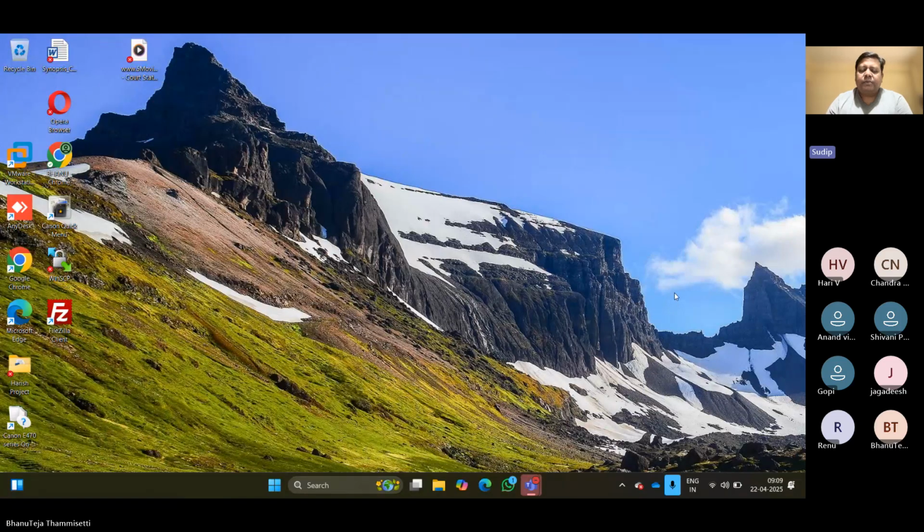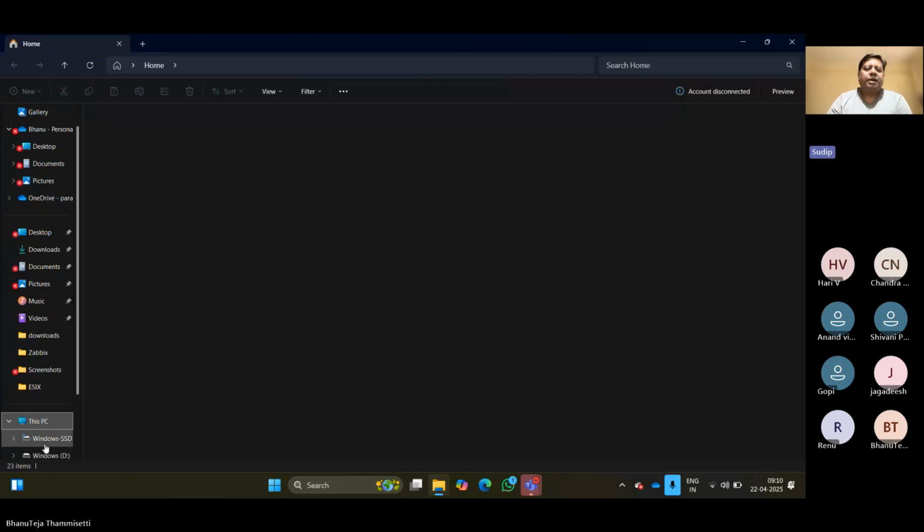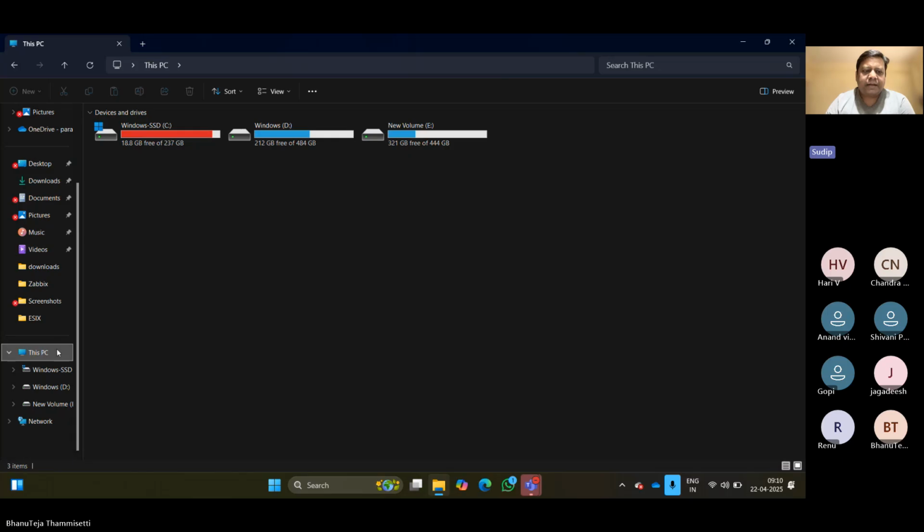Bhanu, can you go to Windows Explorer first? Now, on your Windows Explorer, on the left-hand side, you see This PC. Can you expand that divider a little?